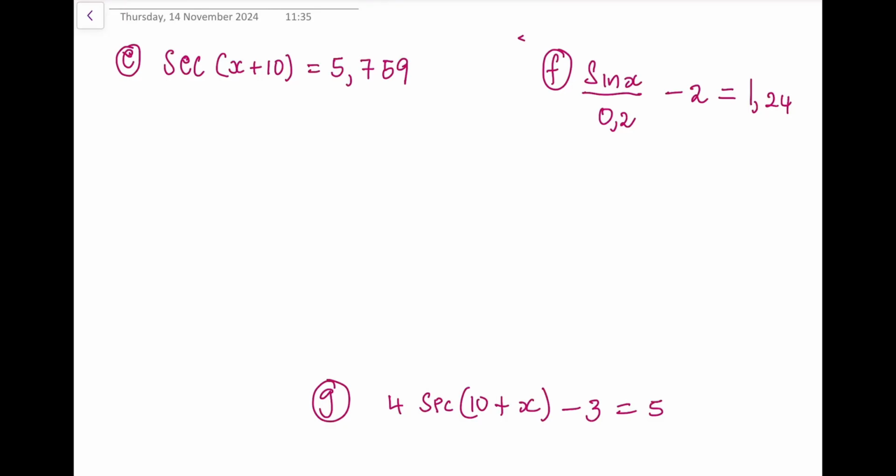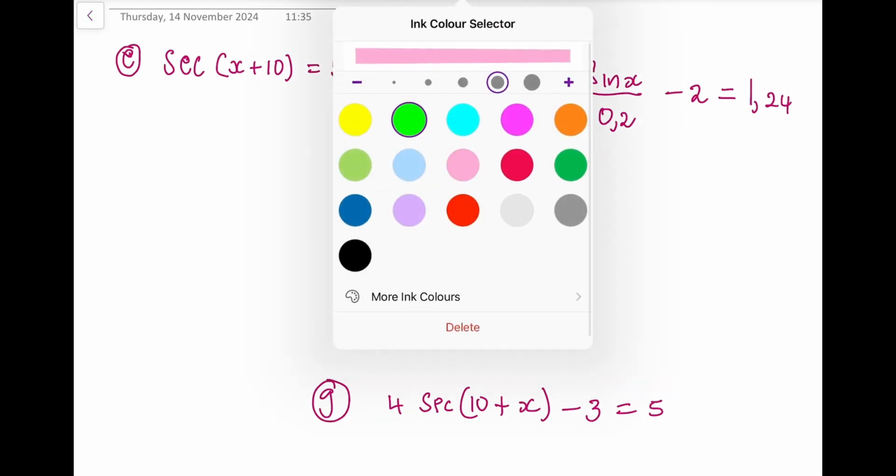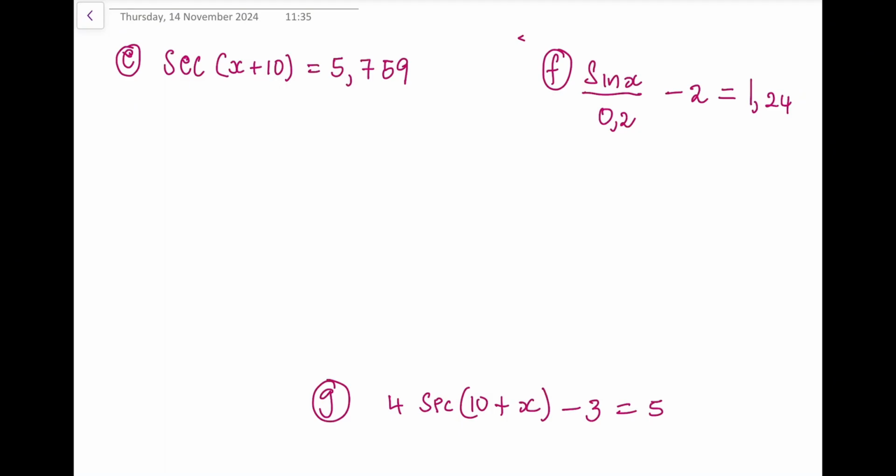Let's move to E. We are given sec of an angle, which is x plus 10, is equal to 5,759. First thing first, we know that in the calculator there is no sec, but we know that sec is the reciprocal of cosine.